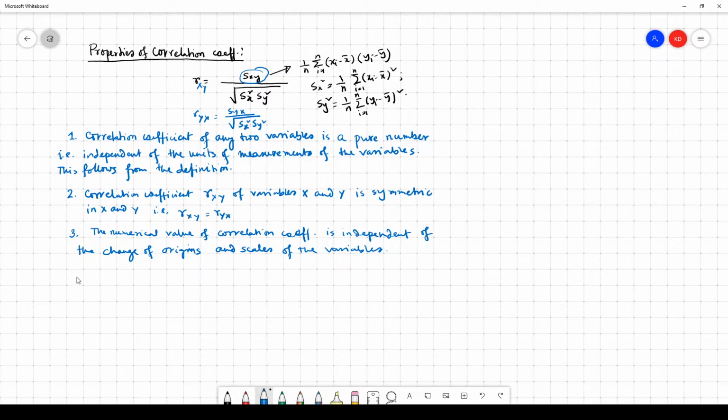That is, we have n pairs of values xi, yi, i from 1 to n, of the variables x and y.